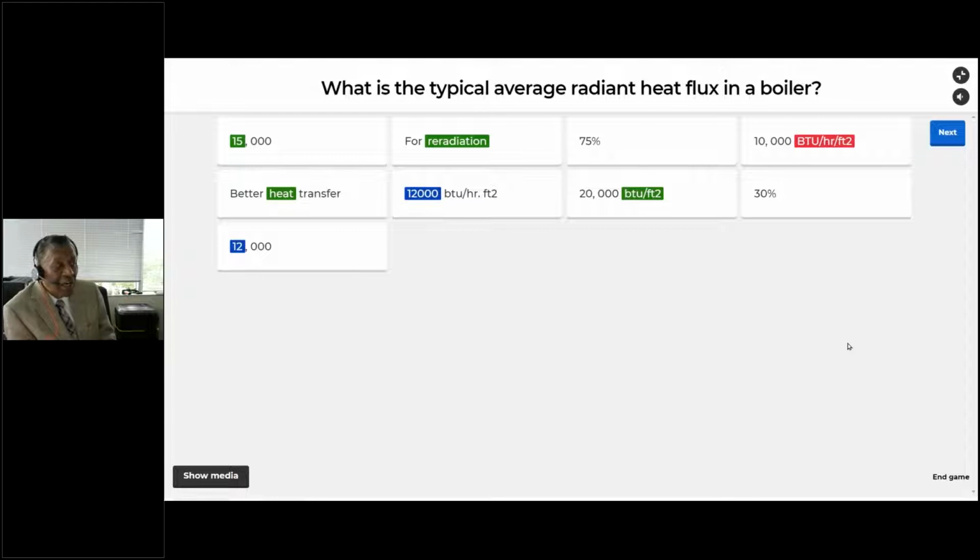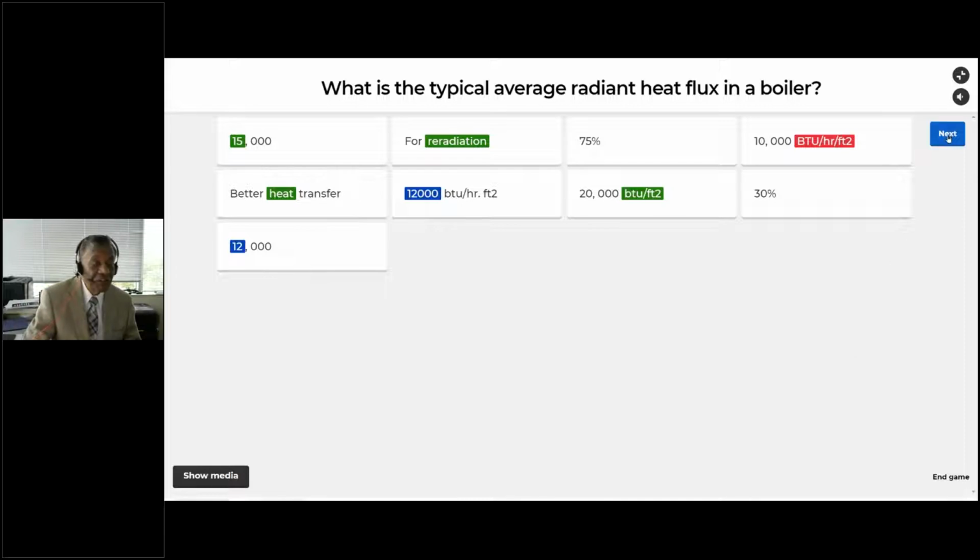That is how high a flux we go in the boilers. And why do we go that high? Because we know it's not going to coke, and also we know water is an excellent heat transfer conductor. So because of that, the fluxes are very, very high.